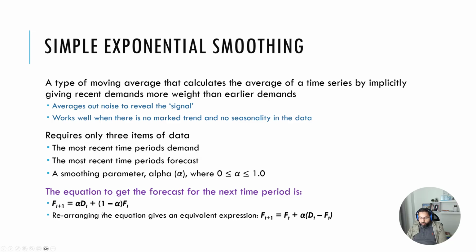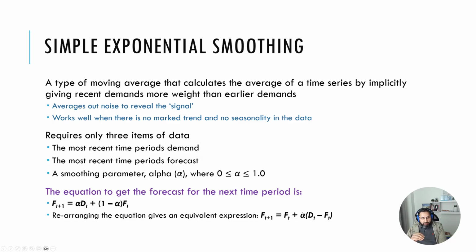Okay, another way to understand this formula is to rearrange the terms using algebraic manipulation, and we get the forecast for the future time period equals the old forecast plus alpha times the forecasting error. Dt minus Ft is the forecasting error. So think of alpha as a learning parameter. Dt minus Ft is how much error you had.